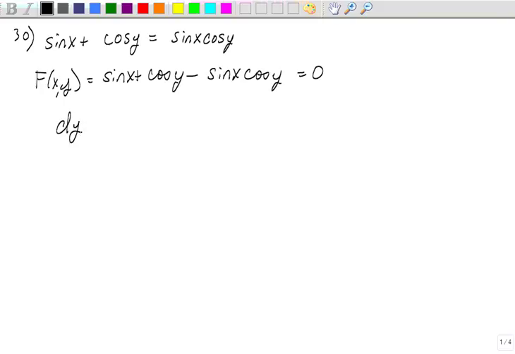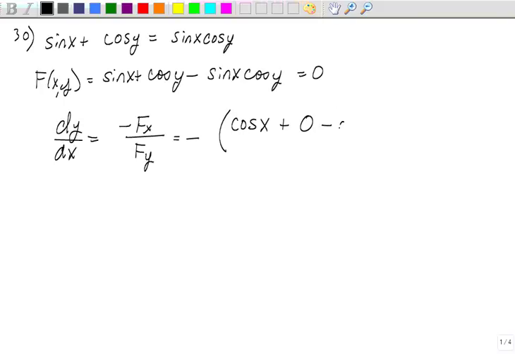So remember the implicit function theorem says that's just the partial derivative of f with respect to x over the partial derivative of f with respect to y, and it's negative. So derivative with respect to x, derivative of sine is cosine, y is a constant, so the next one's 0. We don't need the product rule.